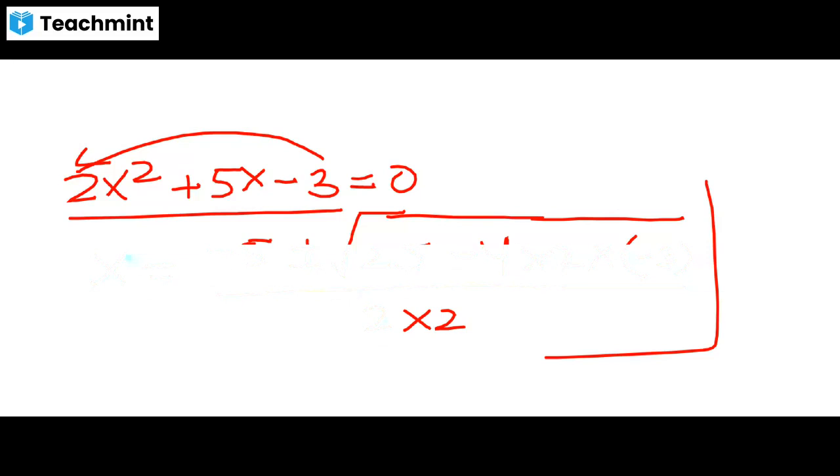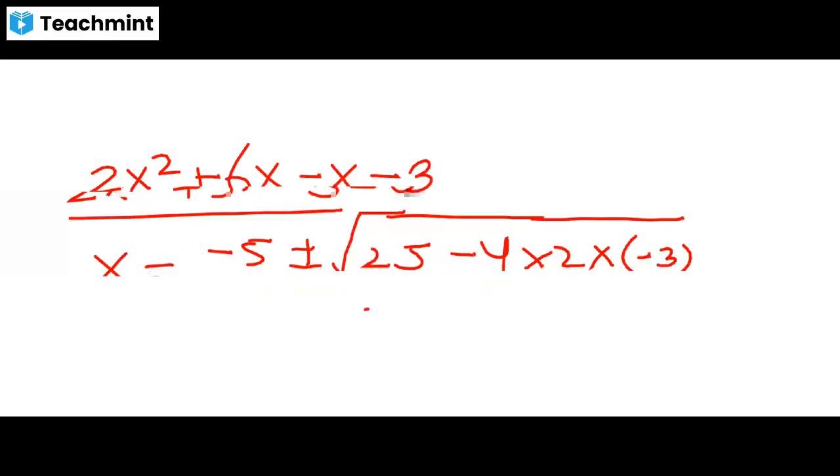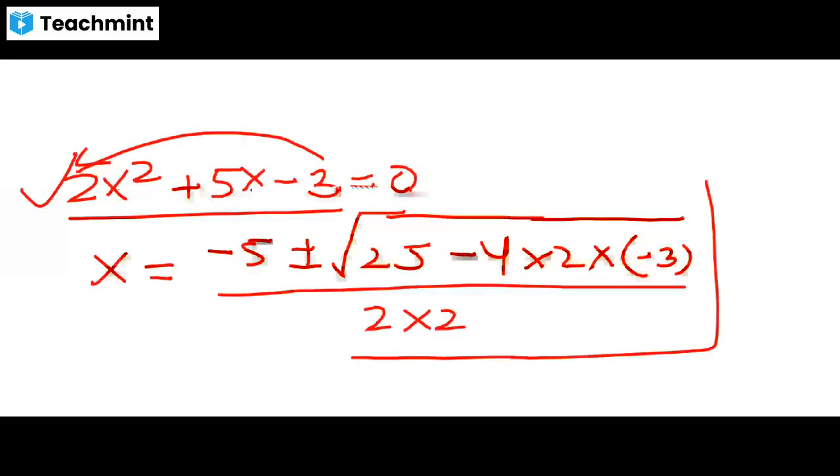What if we factorize it? Let's see. Through factorization, we can solve as 2x square plus 6x minus x minus 3, which is equal to 0. Is it correct? Yes. So we can take 2 common here: 2x plus 6, you get x plus 3, and you can take minus 1 common from here.